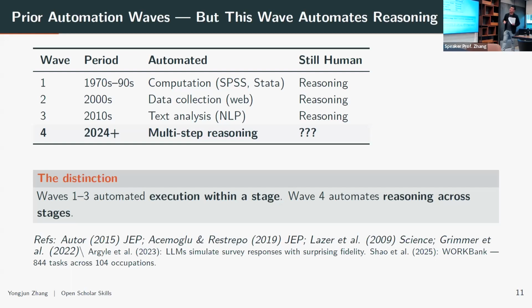But since 2024, reasoning itself, maybe it's debatable, can be automated to some extent. So here it's quite different: automated reasoning across stages. That's the key difference.